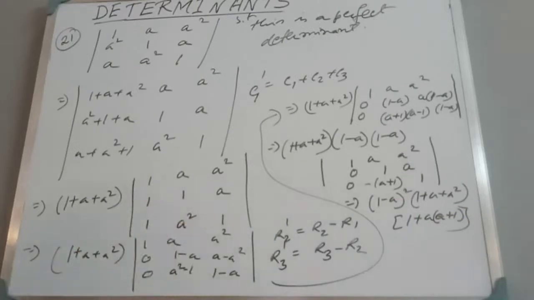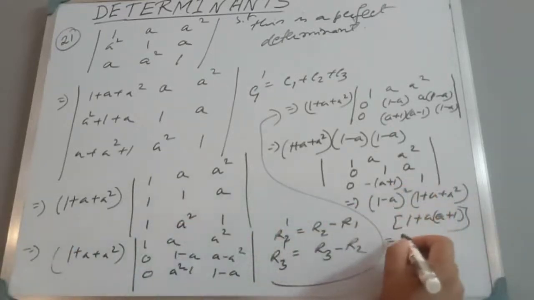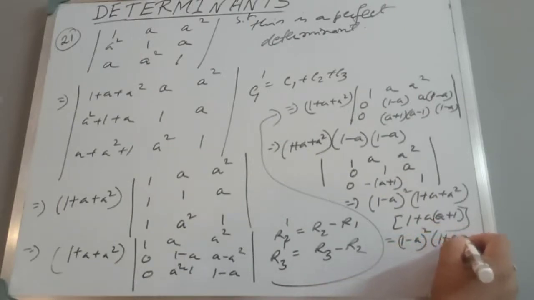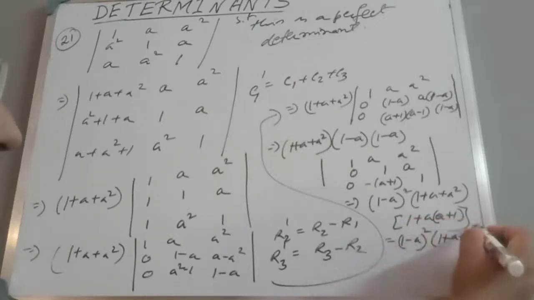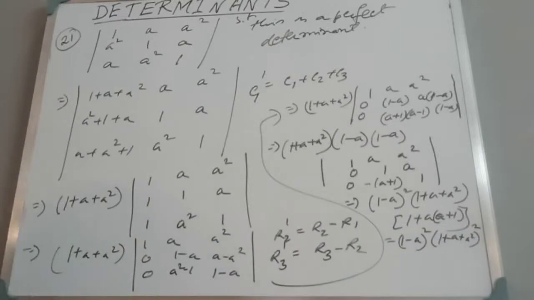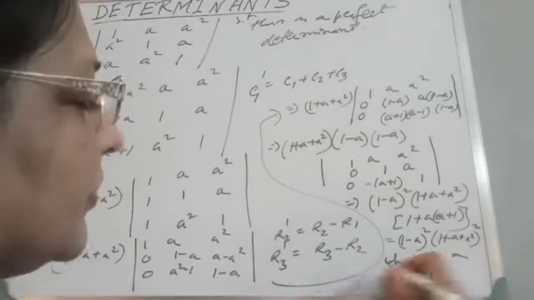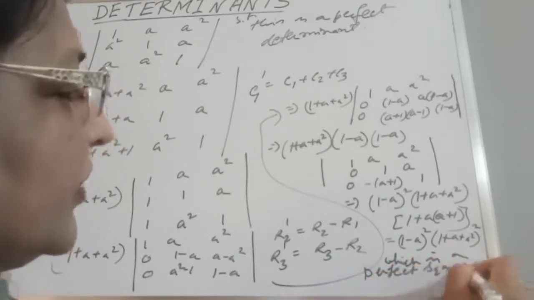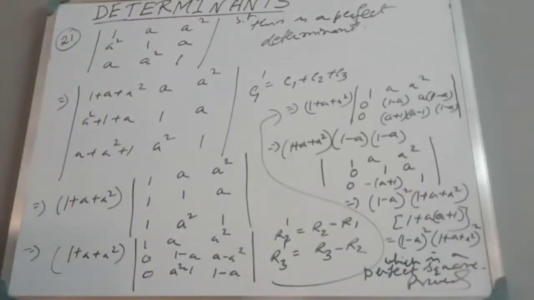Then we get 1 minus a whole square into 1 plus a plus a square, and also 1 plus a whole square, which is a perfect square. So the determinant is a perfect square. This is proved now. I think all of you have understood.